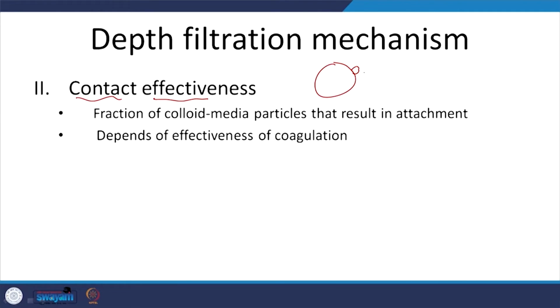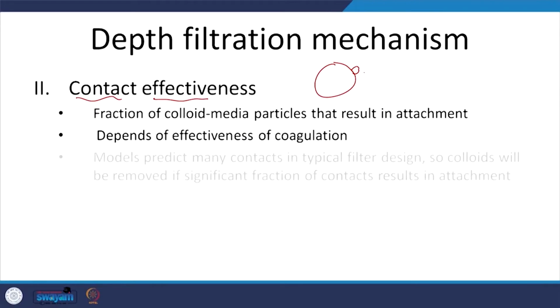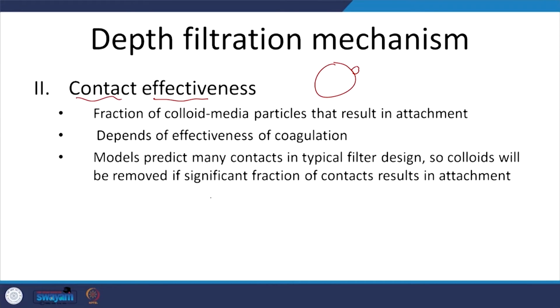If the particles are very stable, we looked at some of the aspects that will prevent particles from being adsorbed to each other, right. So, we are not going to that aspect here, right. Models seem to predict that different types of contacts occur in a typical filter design. We will look at the data later. So, colloids will be removed when a significant fraction of these interactions or contacts result in attachment, right.